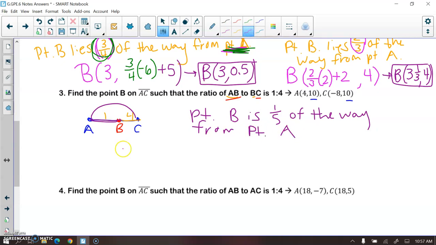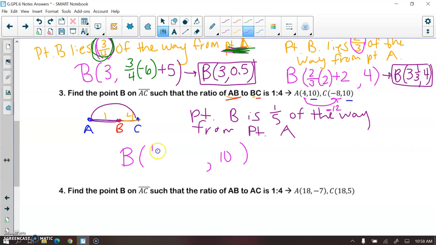Since this is a horizontal line, point B is going to have the same exact y value as point A and C, that's 10. And so then our process is we are going to take the length, the distance from A to C. Now be careful with this. 4 to a -8 means that I'm going back, I'm going to the left, so backwards, so in the negative direction, by 12 units.